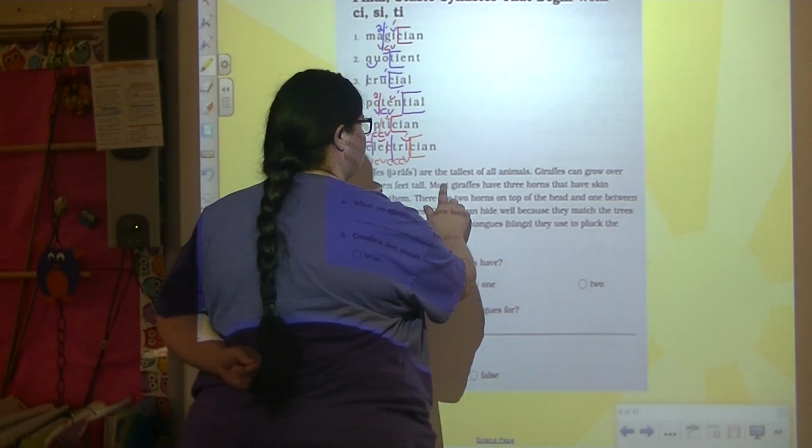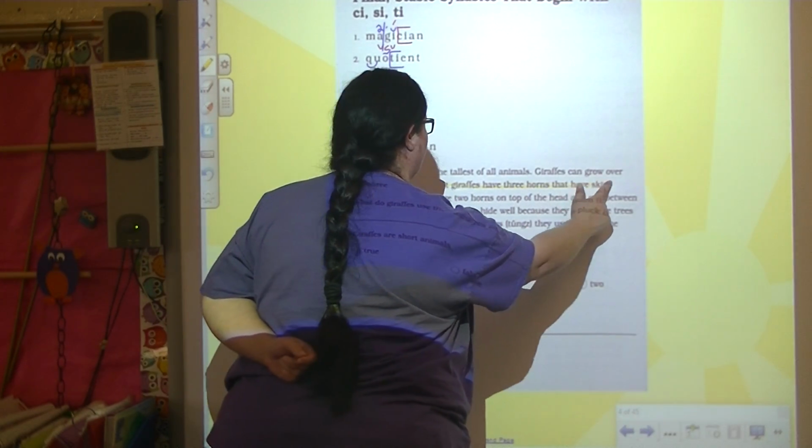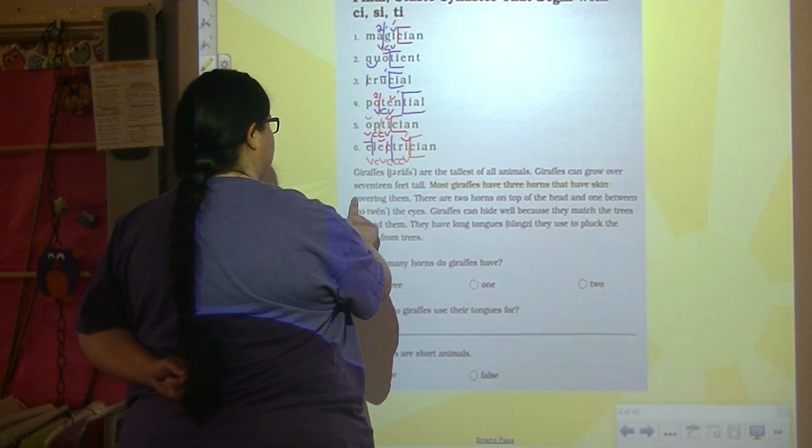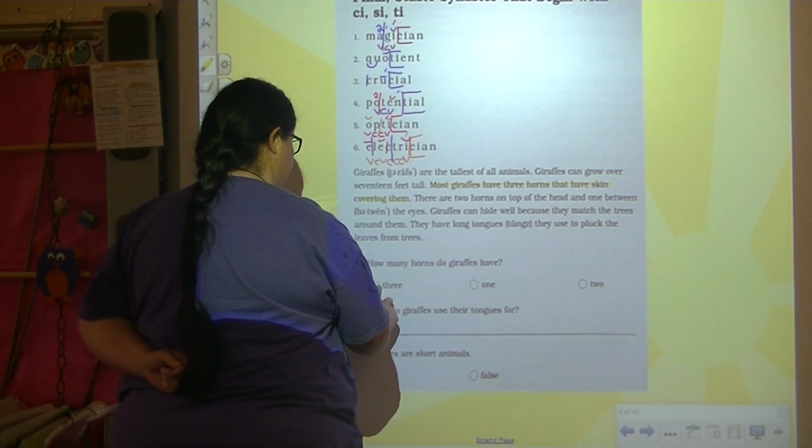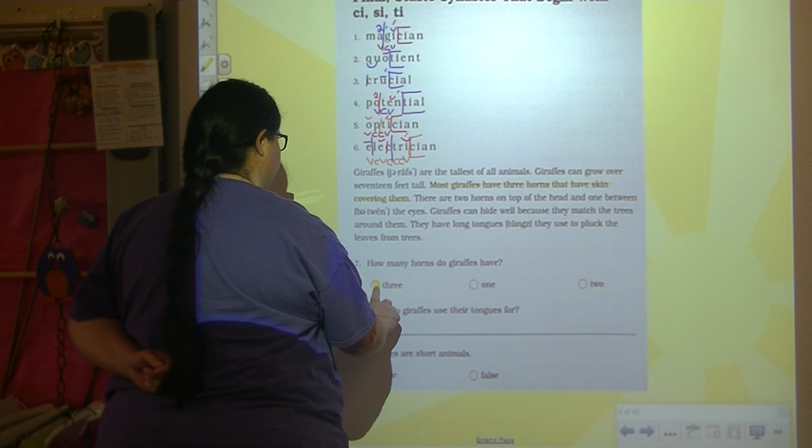It says most giraffes have 3 horns that have skin covering them. So 3.